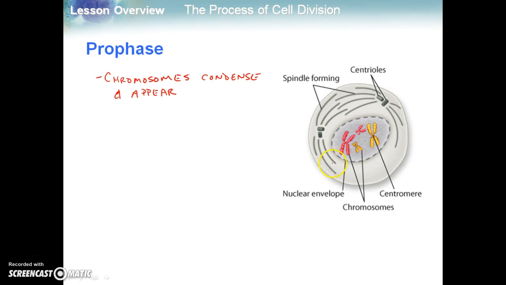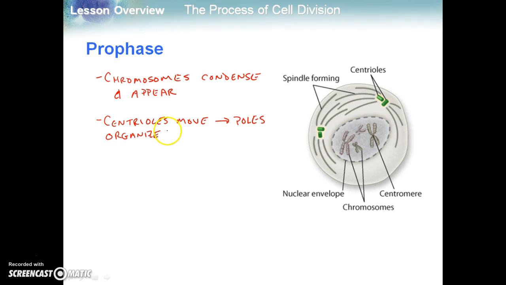So we see our chromosomes here that have appeared, and the next thing that happens is we have these centrioles, and the centrioles are organelles that were made during G2. The centrioles will move towards the poles, and with them come these spindle fibers, which are organizing the spindles.